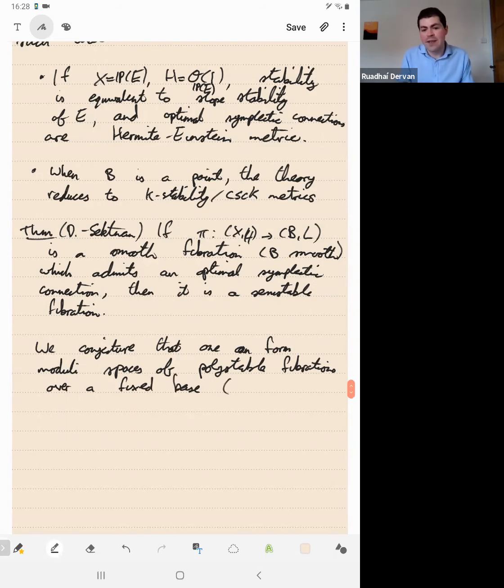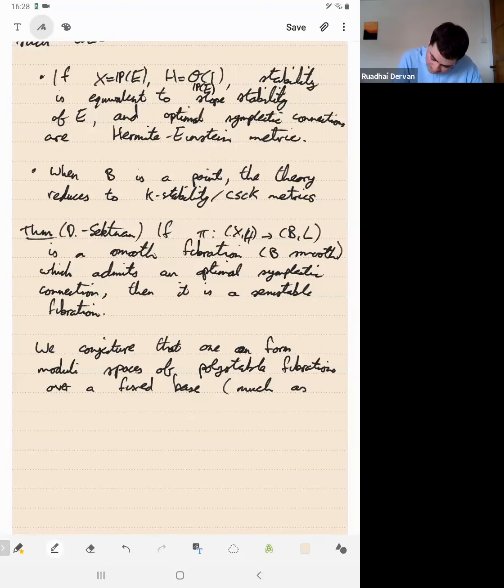Again, this is motivated by the vector bundle theory. It's a classical result that one can form moduli spaces of slope polystable bundles over any polarized variety. So this should be seen as analogous. This is the fibration version of the classical result for vector bundles.